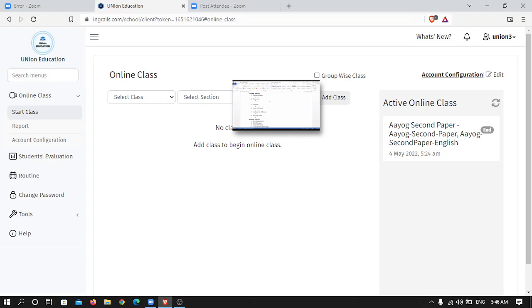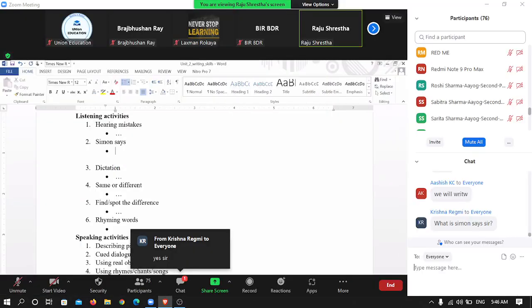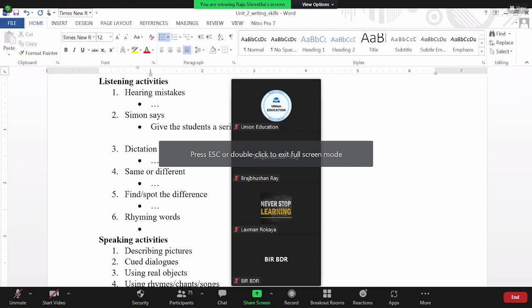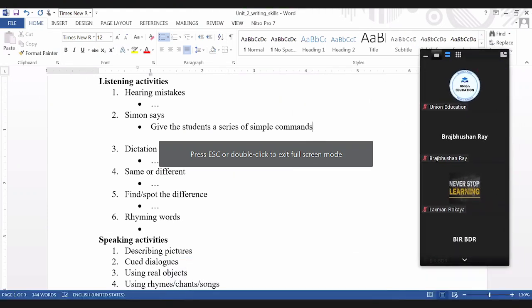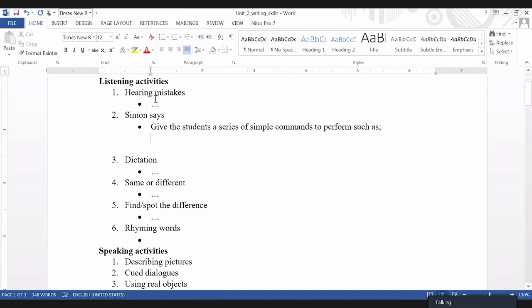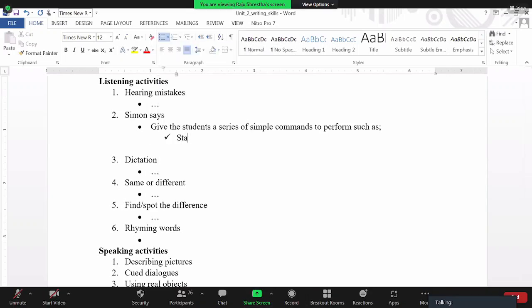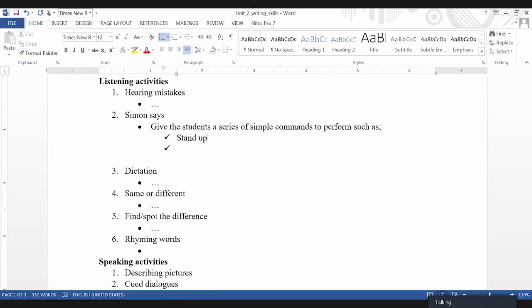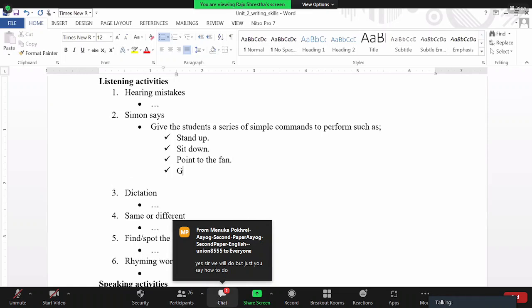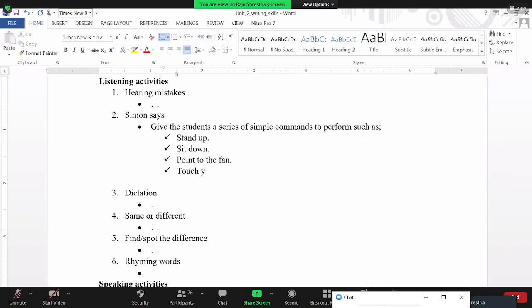Like, give the students a series of simple commands to perform, such as: stand up, sit down, point to the fan, and touch your head.